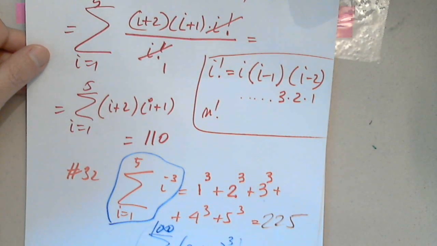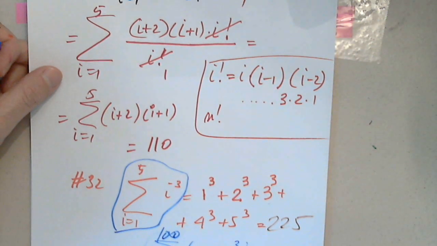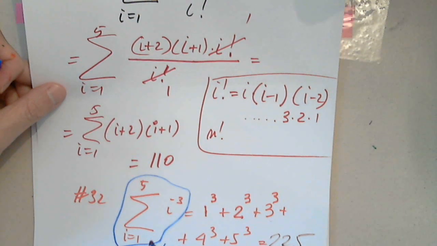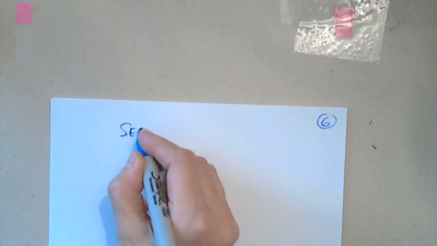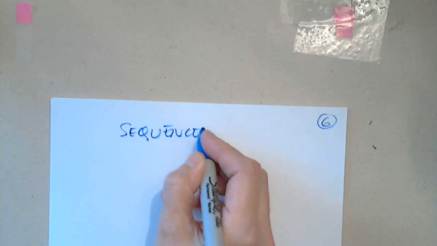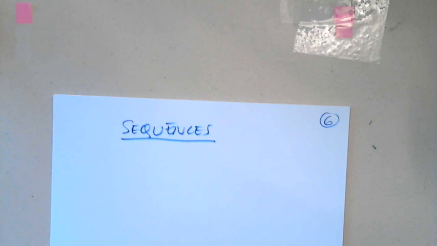And we study it for sequences. That's why I have to present this first and then sequences. And let's see what sequences are. Okay, so sequences. A sequence is basically a function.